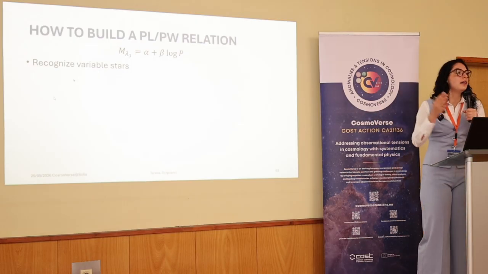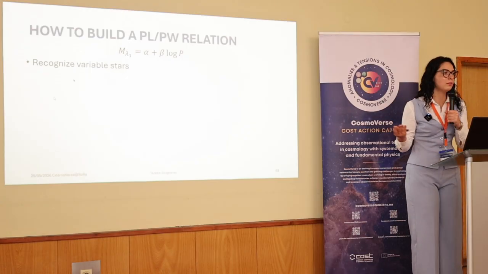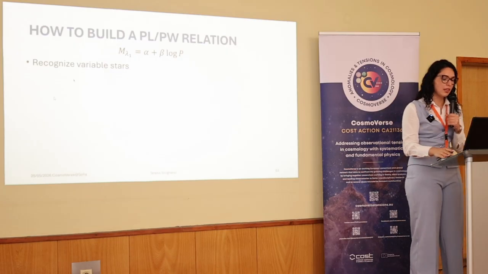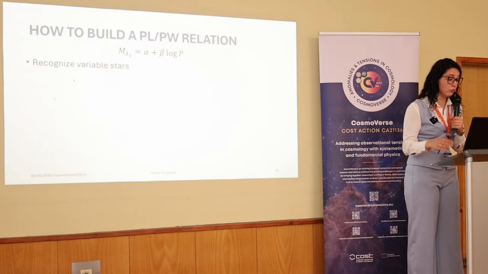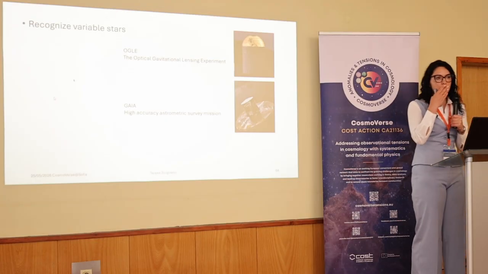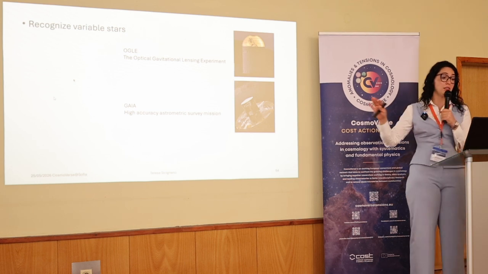But then, why did she decide to take one star instead of another? Because she noticed that there was something strange in the magnitude. And from 100 years ago to now, we have had two major experiments that helped us to trace the variable stars in all the galaxies.